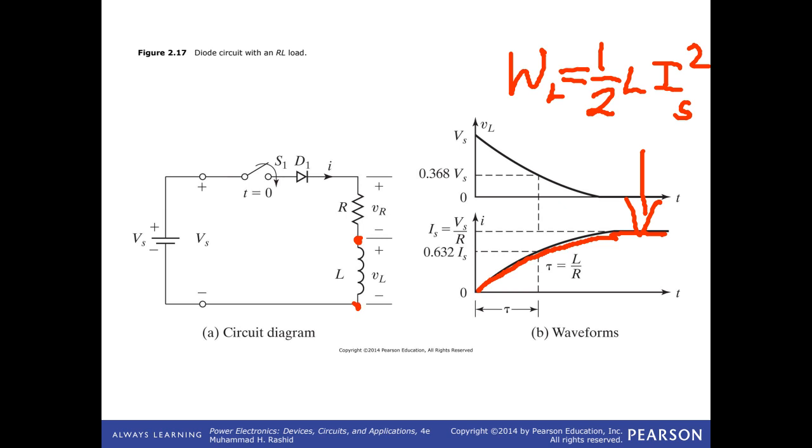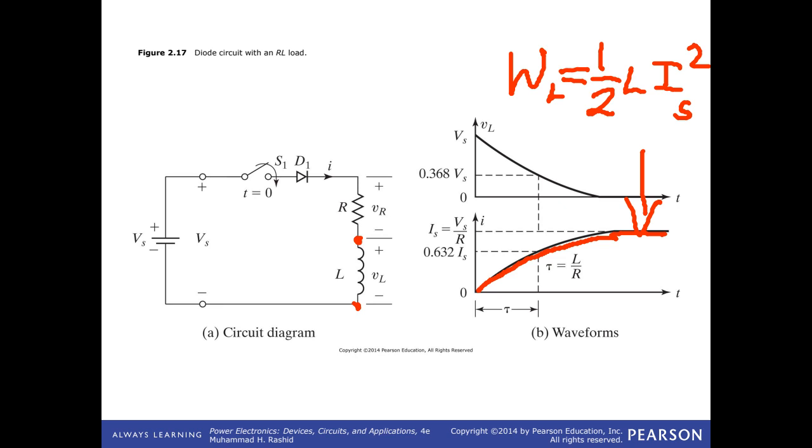Then while the current starts flowing, the voltage drop across the resistance is the difference. The current is rising exponentially. I derived those equations, I'm not going to do it again. Then, of course, the voltage across the terminals of the inductance is getting down.